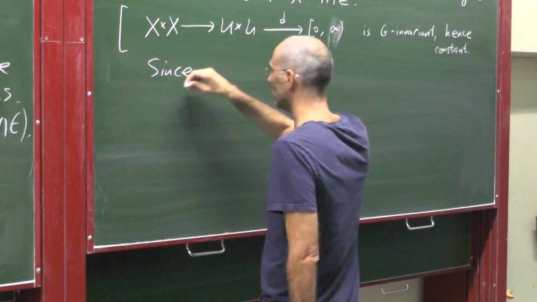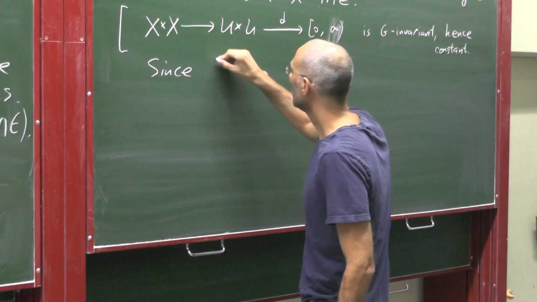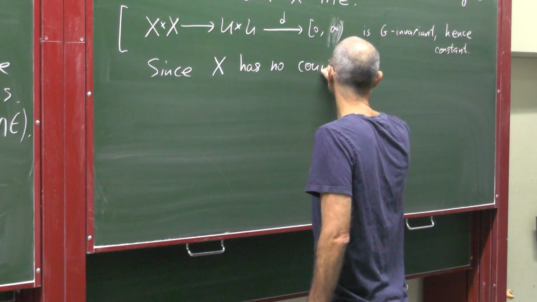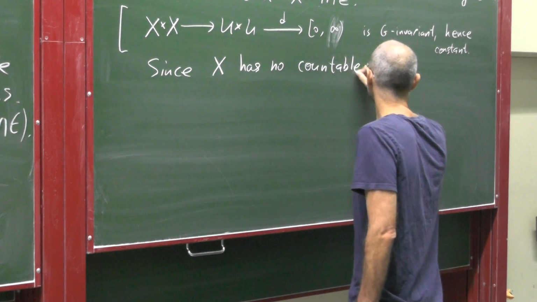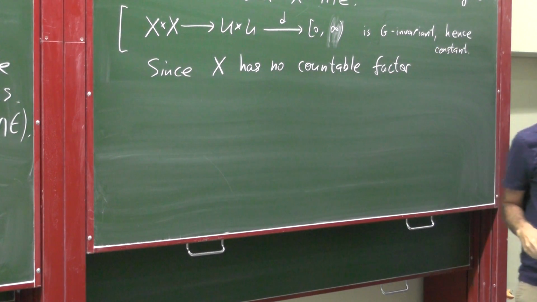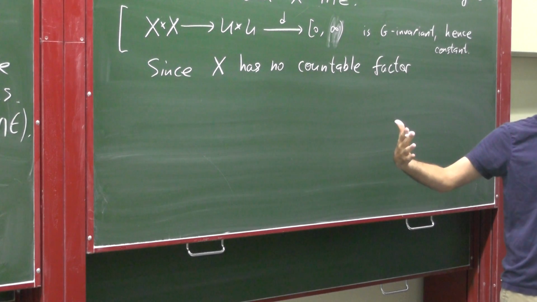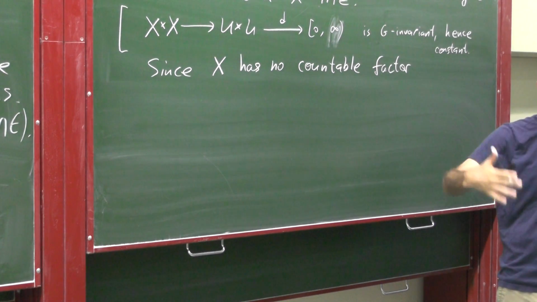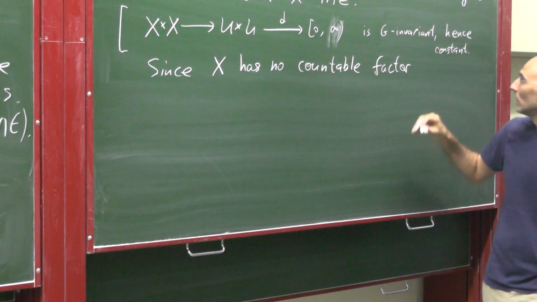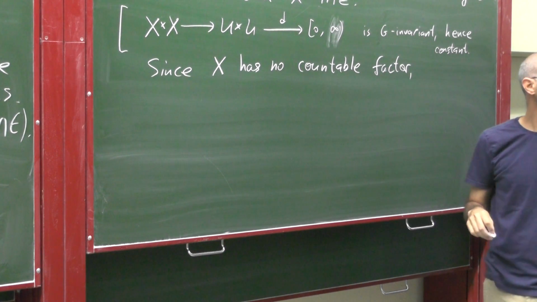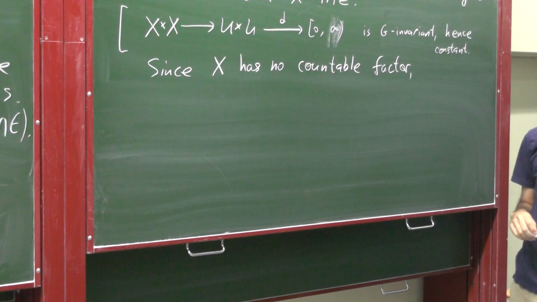since X has no countable factor, the image in U is either a fixed point or some uncountable discrete set. I should explain this. I'm not arguing that, but okay, it's constant.